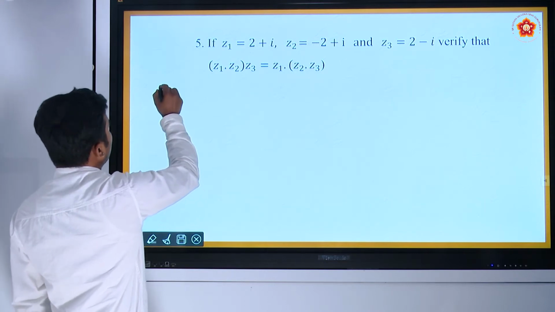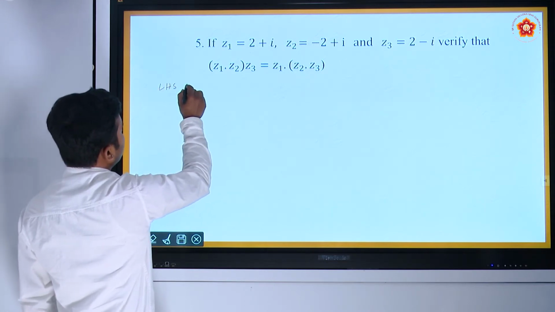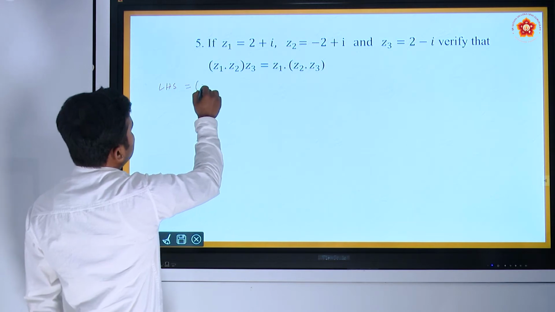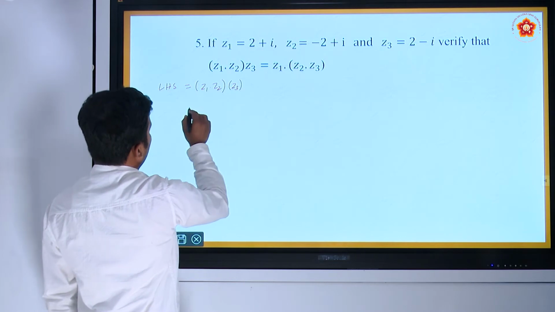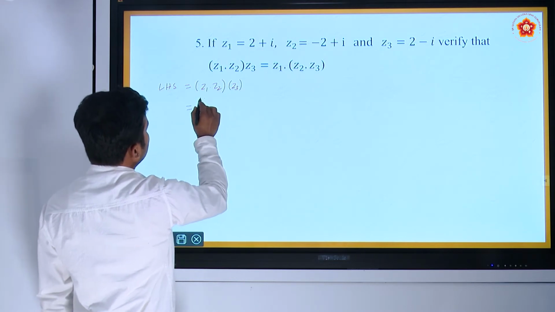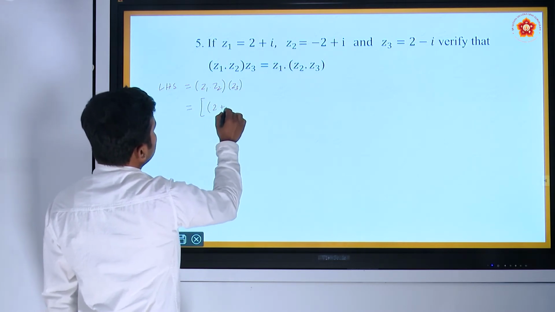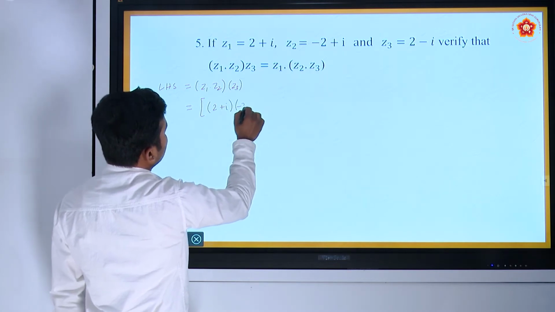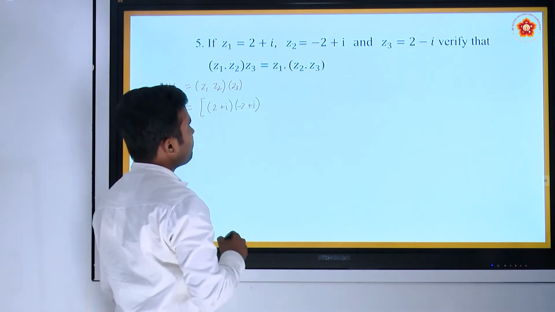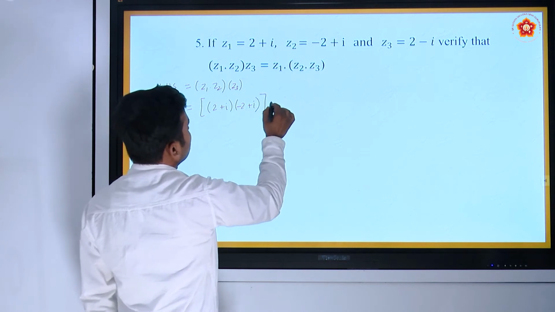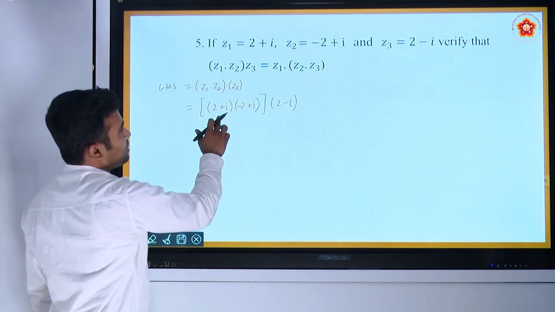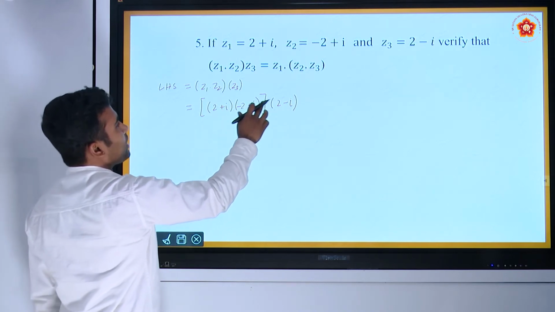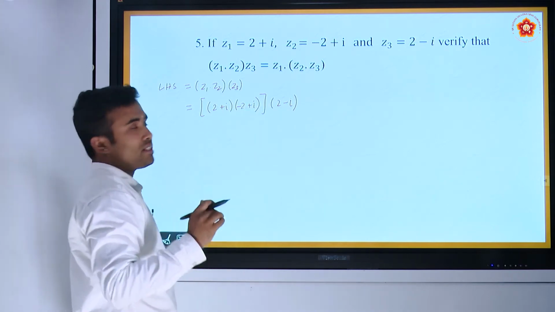If I take LHS, it is Z1 into Z2 into Z3. What is Z1? Z1 is 2 plus i, into Z2, which is minus 2 plus i, into Z3. What is Z3? 2 minus i.